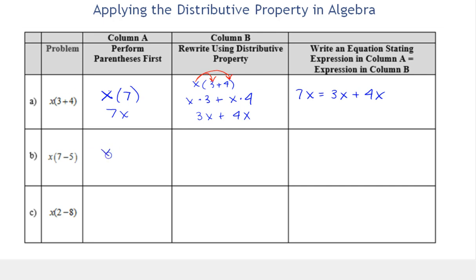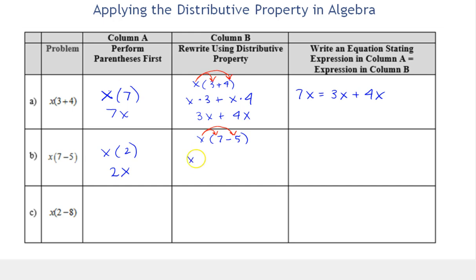Let's look at the next one. Parentheses first, 7 minus 5 is 2. So we have x times 2, which we'd write as 2x. Now let's set up the distributive property. This one has subtraction, but it's really not very different. We're going to distribute the x to the 7 and the 5, and we're going to keep the subtraction in the middle.